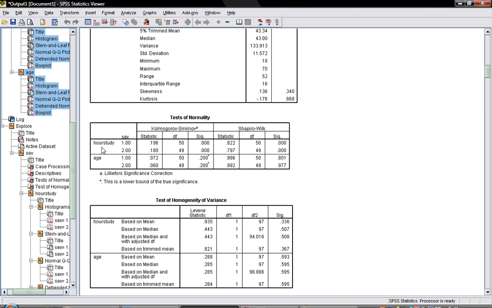And as we expected, the hours of study are really significant, so they are not normally distributed, while the age is normally distributed for both groups.